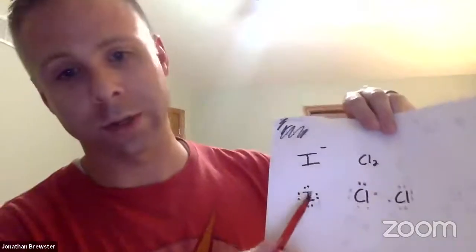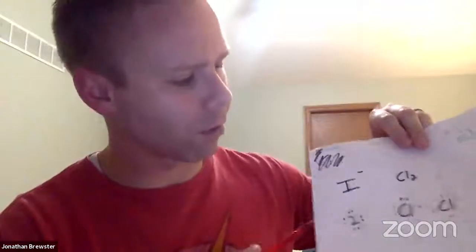Okay. So what ultimately happens is chlorine is going to crash into an iodine that's floating around, and it's going to be like, wait, you have an extra electron, I want it more, and it's going to take it. So we're going to redraw this and say that this turns into 2 chlorines for now.